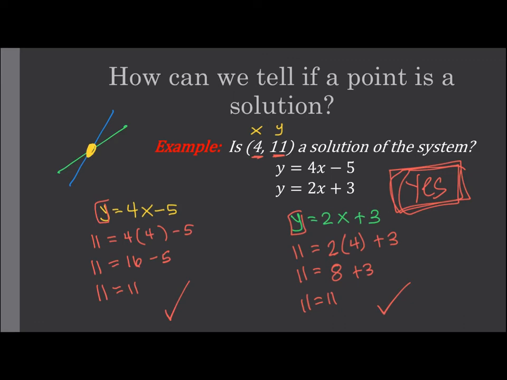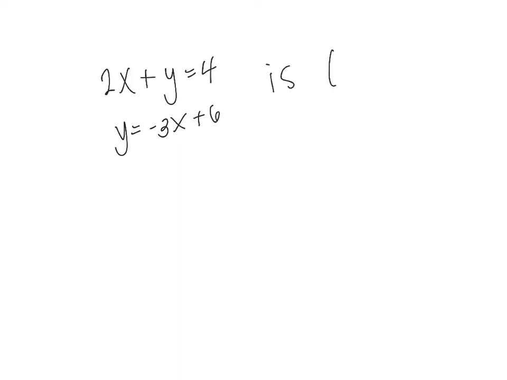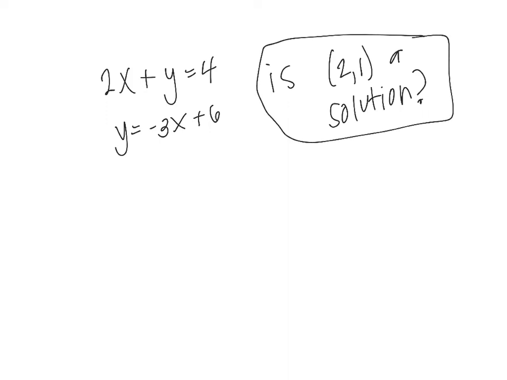Let's try one more. Let's say that I give you 2x plus y equals 4 and y equals negative 3x plus 6. And I want to know, is 2 comma 1 a solution? So this is what we're trying to find. Well, here's how we check.